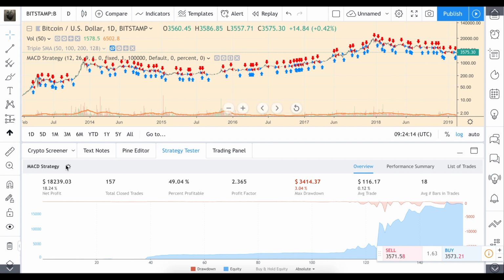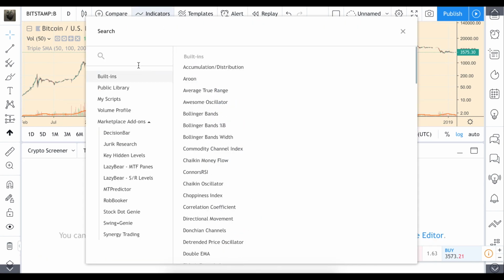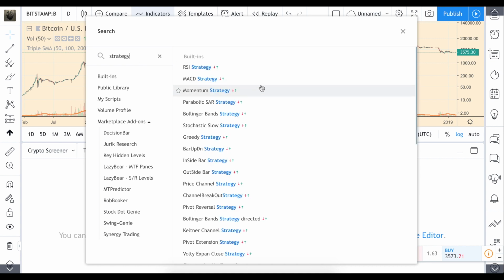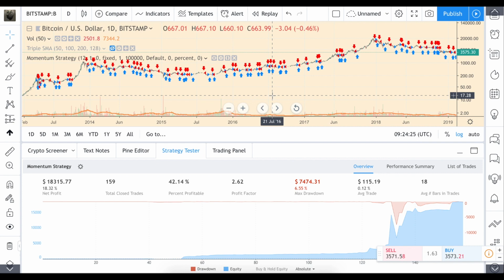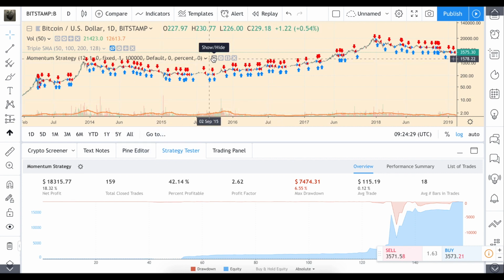It's not that bad, but again, it's not brilliant. So let's look at another one. For example, momentum, also a quite widely used indicator. It's actually 18.32%. It's not that bad at all, and similar to MACD.